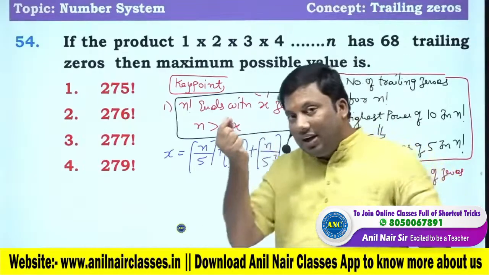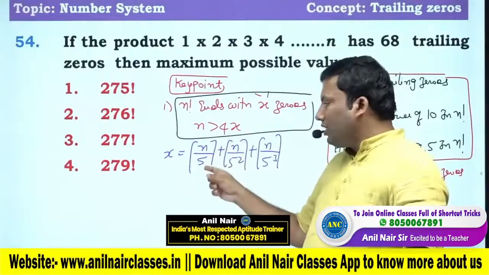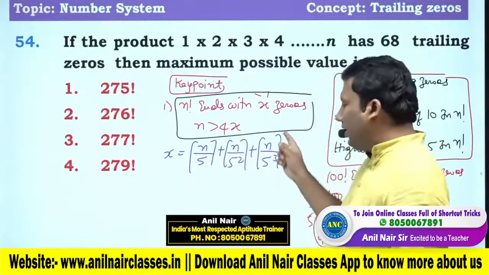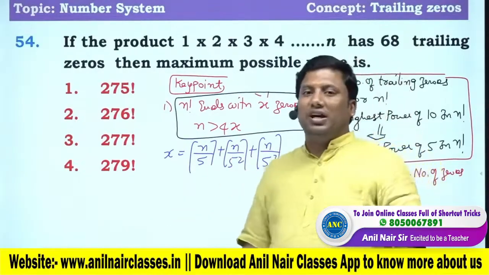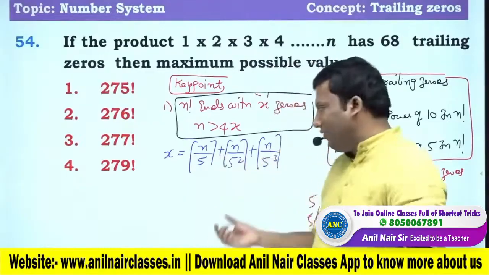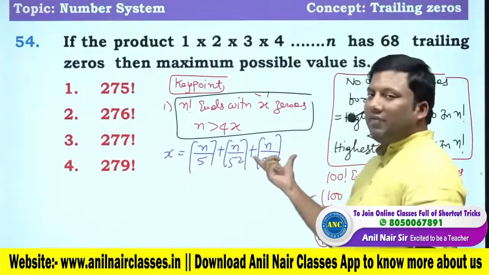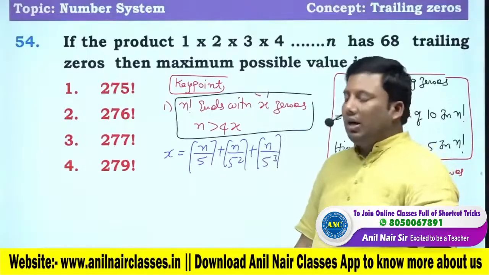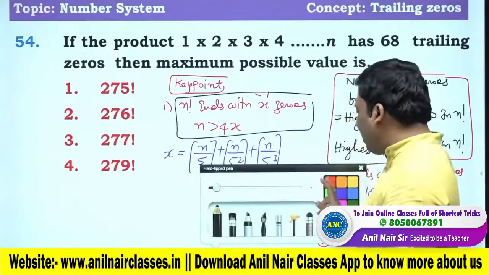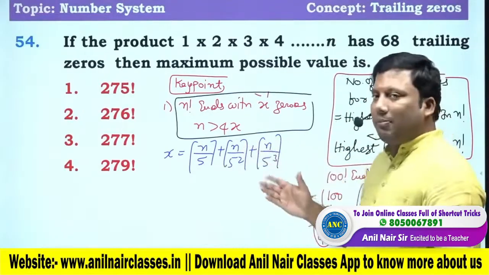If n is 1000: 1000 by 5, 1000 by 25, 1000 by 125, 1000 by 625. This dividing will stop at a point depending on the value of n, these n by 5 square.